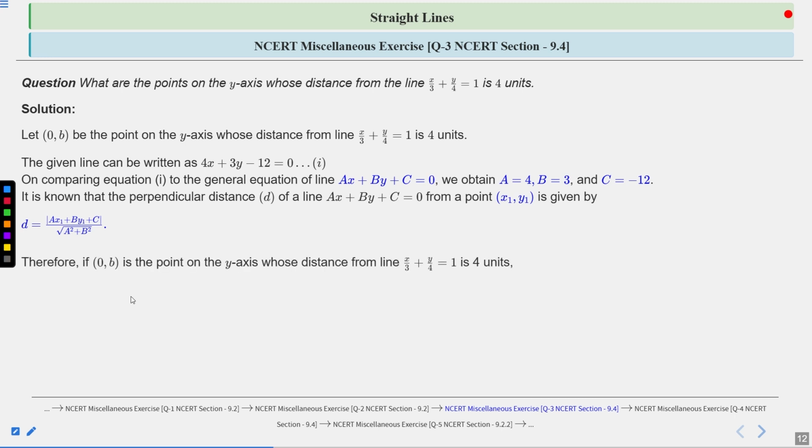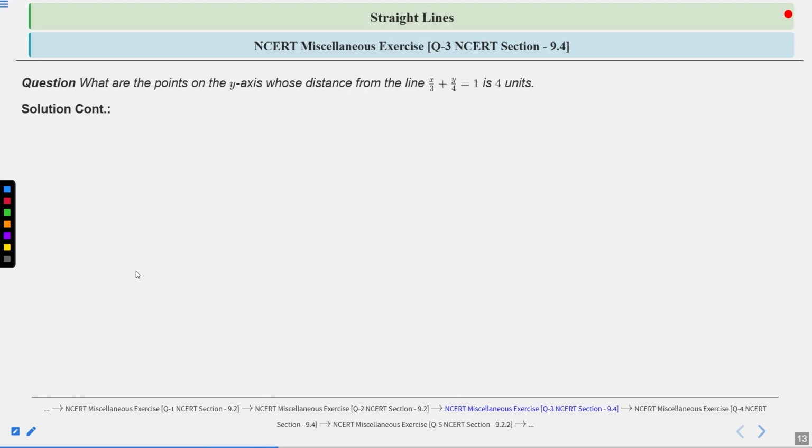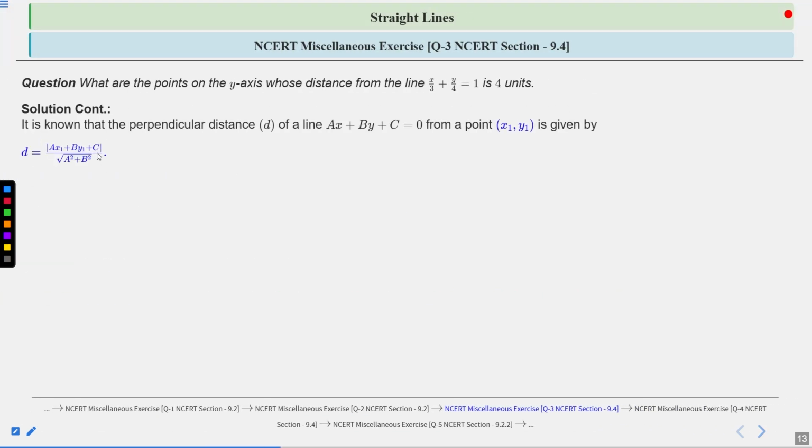Therefore, if (0, b) is the point on the y-axis whose distance from the line x over 3 plus y over 4 equal to 1 is 4 units, we are going to apply this formula to find the points.